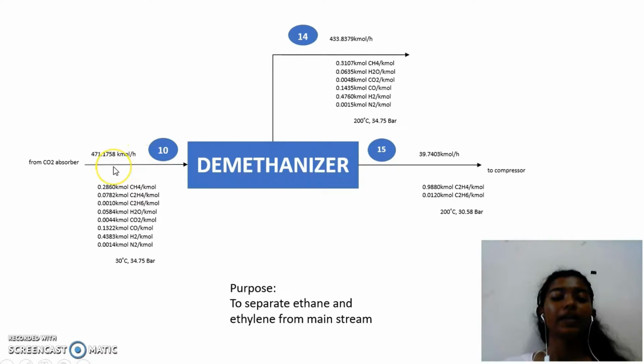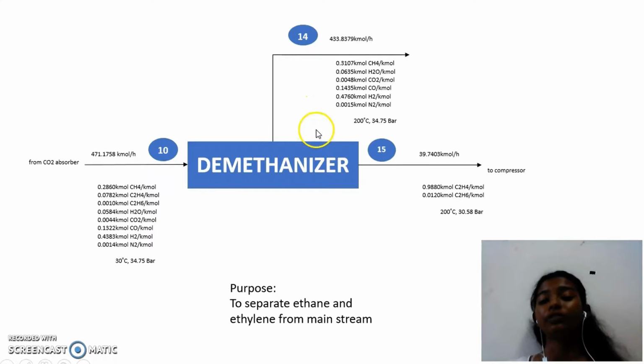and the system. Alright, the inlet streams are all in vapor phase, while the outlet has two. The top one goes out as vapor phase and the bottom one goes out as liquid phase. For the inlet stream, the temperature and pressure are 30 degrees Celsius and 34.75 bar respectively.